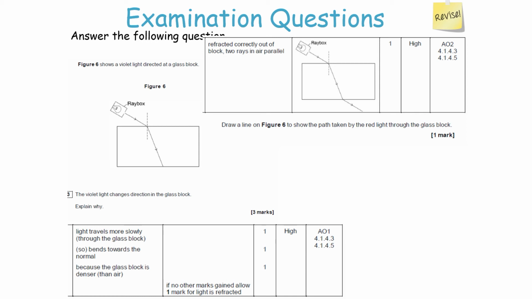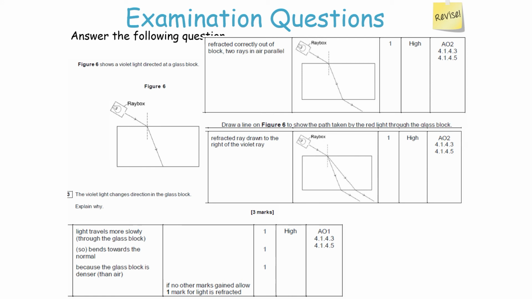Now finally, what do you know about red light compared to violet light? Well, red light, you should always remember, has a longer wavelength. The longer the wavelength, the redder the visible light appears. The shorter the wavelength, the bluer or more violet the light appears. So you can see that the red light has the longer wavelength, so as a result it refracts less.